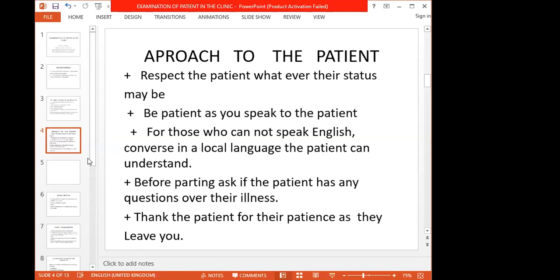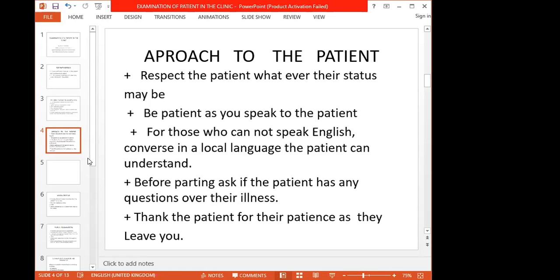Before parting, please ask if the patient has any questions over their illness. This sounds funny, but I can assure you, a lot of elderly patients are scared to ask. So unless you put it to them, 'Mama, have you got any questions?'